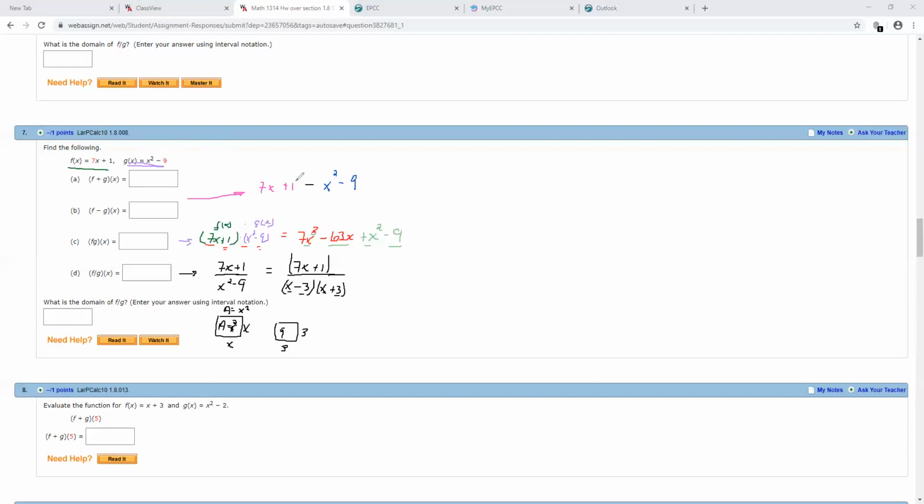So it's all the terms. So is it just saying, oh, you only have to subtract the first term on the G? Or do you think it means you got to subtract everything? Everything. So then that's why we need to put parentheses. Does that make sense? Yes.